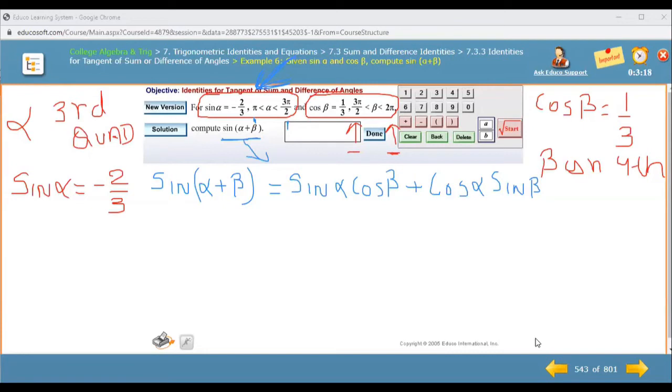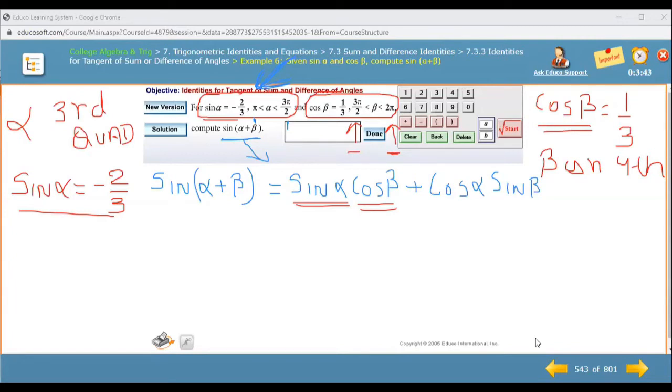Now, just looking at the formula, I will identify what all is given. Sine alpha is given. That means I know this value. Secondly, cosine beta is given. All right, we have these two values.